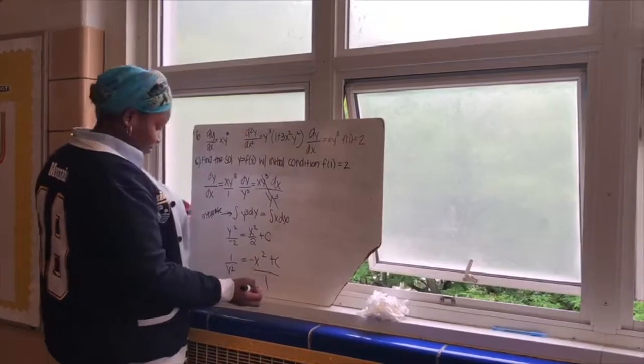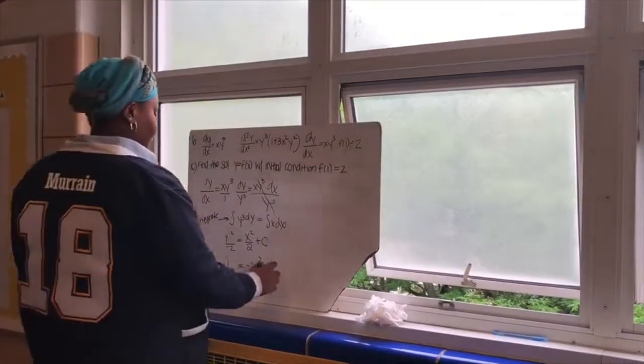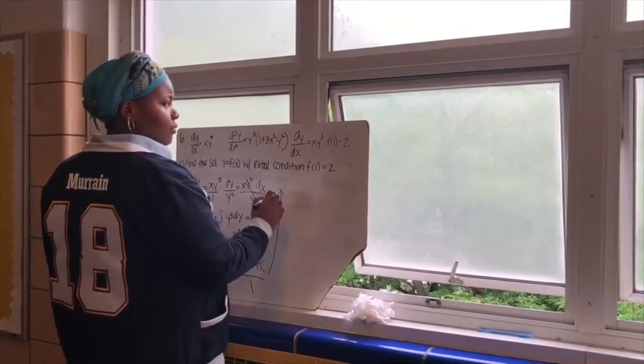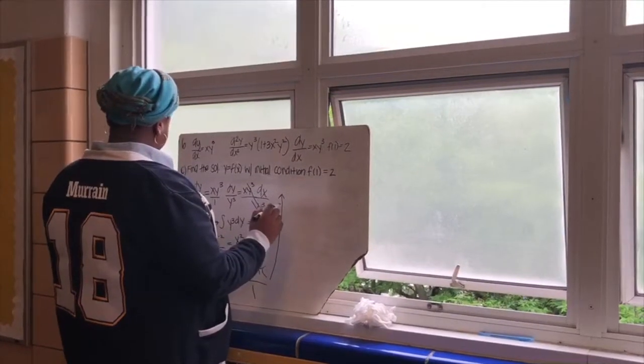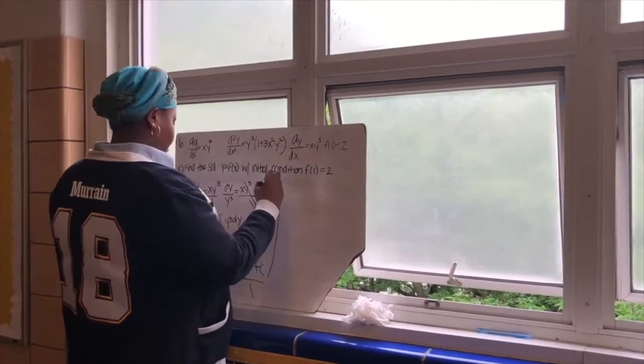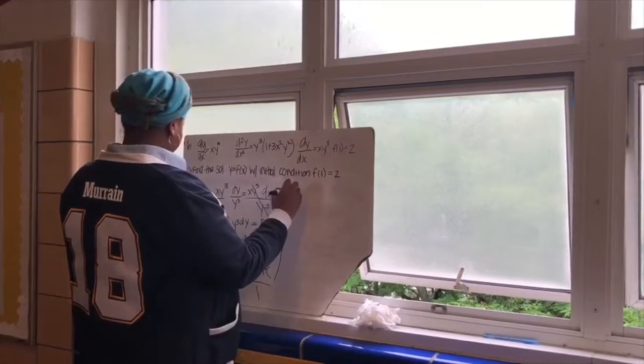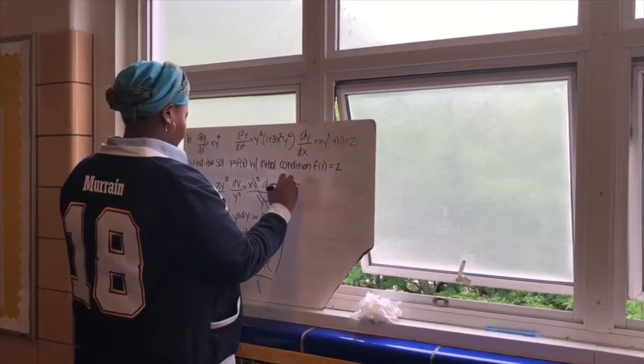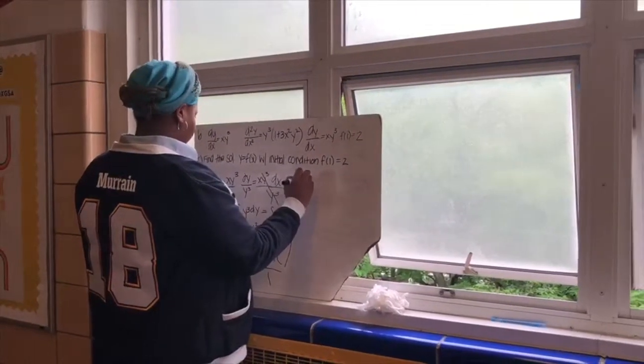As I move on to the other side of the board, I'm rewriting it, and then I'm going to cross multiply so that y is by itself.